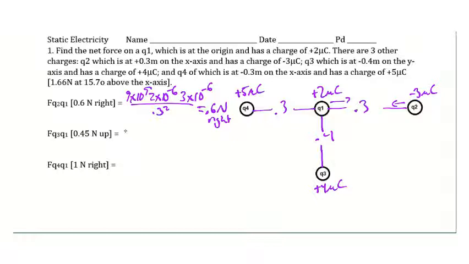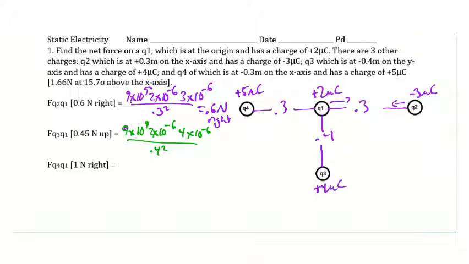Q3 and Q1. So I'll change colors here to try and keep this organized. So it is going to be 9 times 10 to the 9th, 2 times 10 to the negative 6. And Q3 is going to be positive 4. So 4. The distance between them is 0.4 squared.